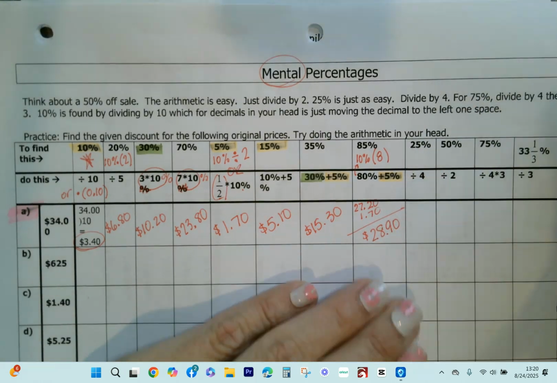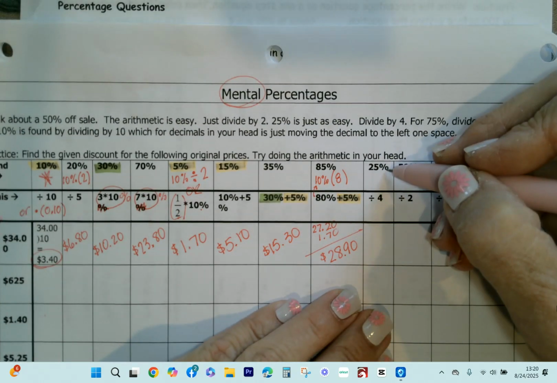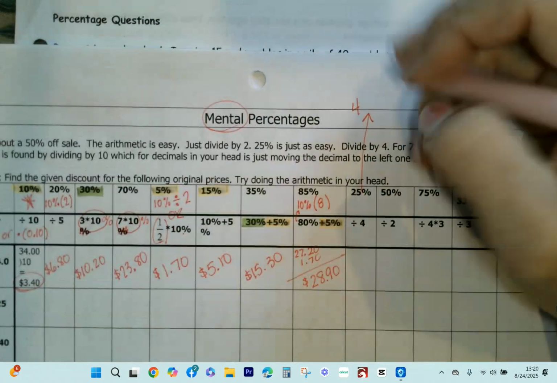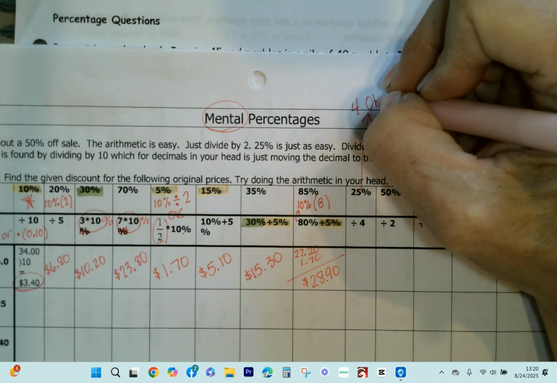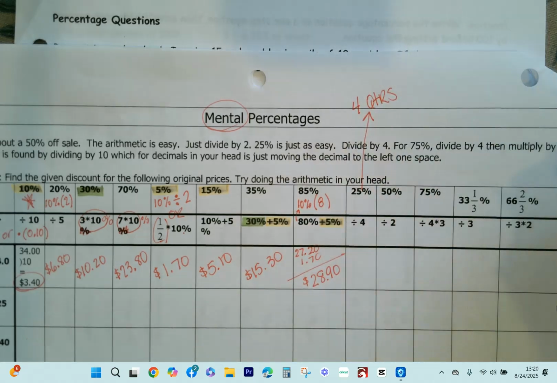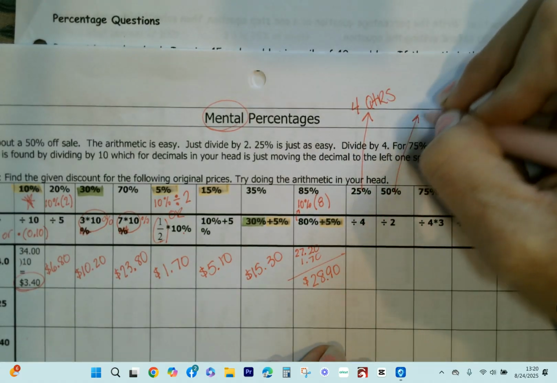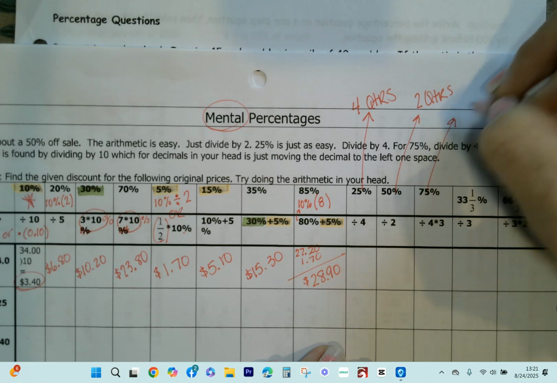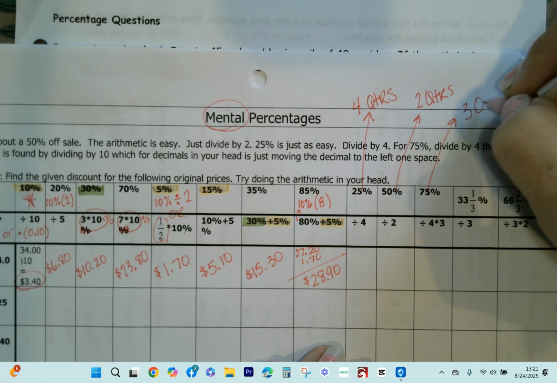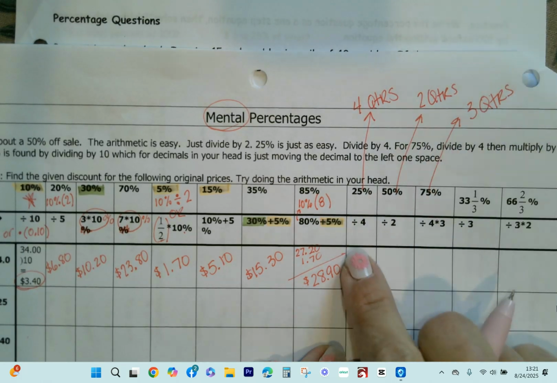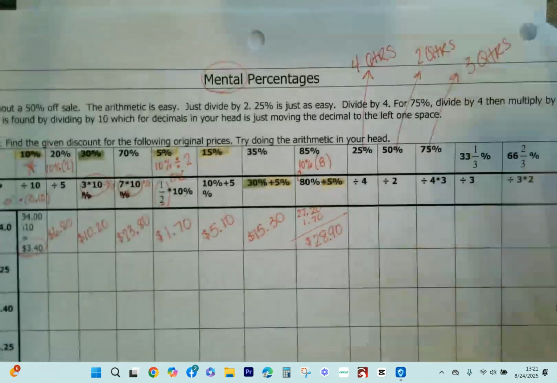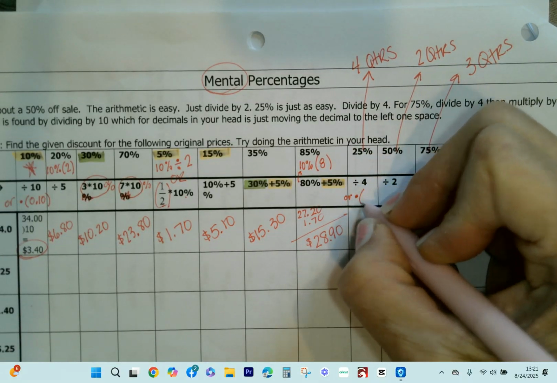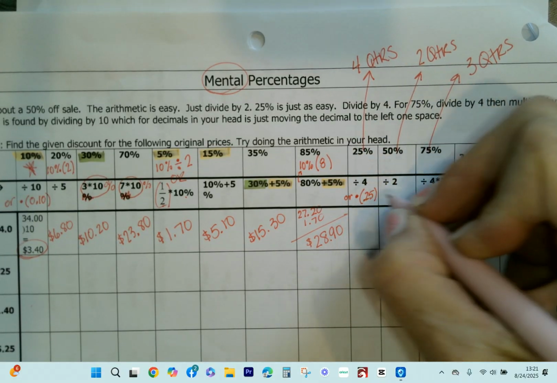Okay. As far as 25%, I like to think of 4 quarters, you know, like 4 quarters in your pocket, right? 50% is like 2 quarters. 75% is 3 quarters. Okay, so you can also multiply by 0.25.